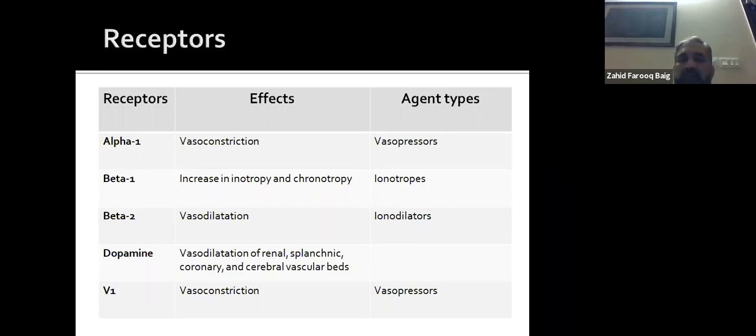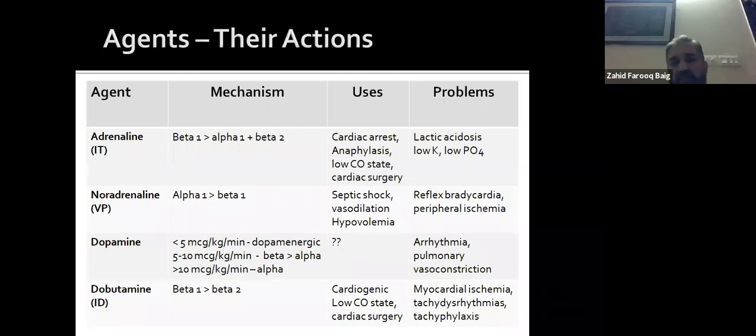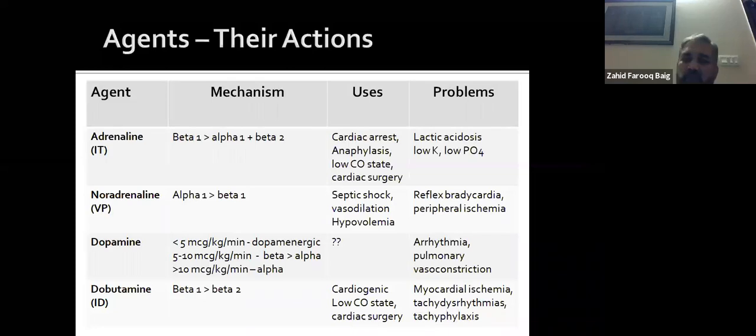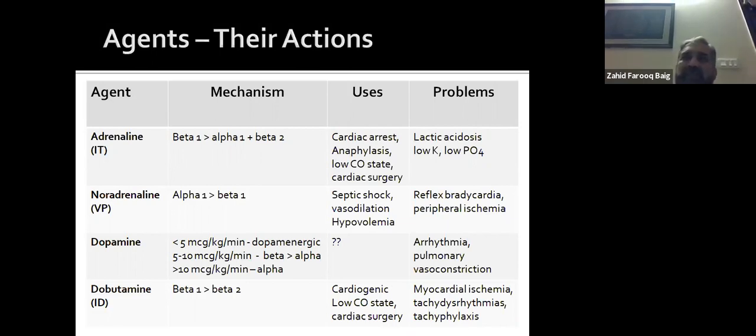Now, coming to the agents, this is basically a short summary of these agents. Adrenaline or epinephrine acts more on beta-1 receptors. As beta-1 receptors are present in the heart, it causes chronotropy. To a lesser extent, it acts on alpha-1 and beta-2 receptors, but alpha-1 causes vasoconstriction and beta-2 causes vasodilatation, so these effects basically equate each other.